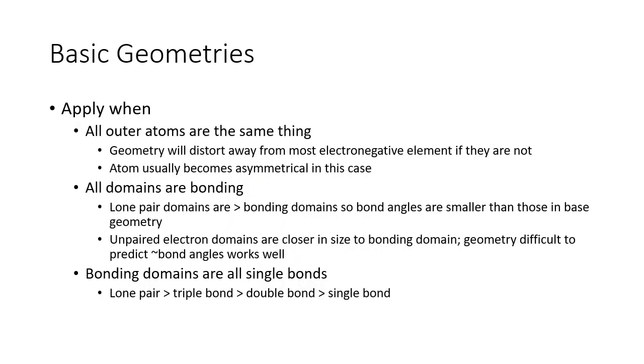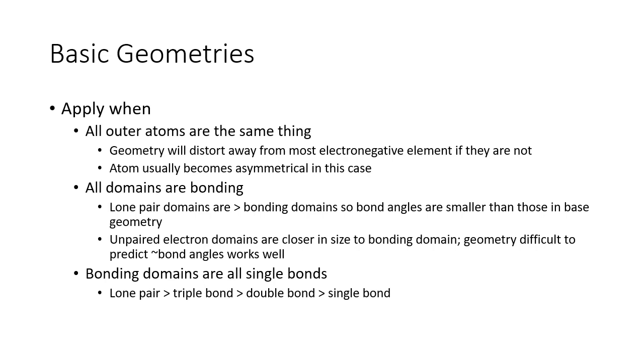So when do these basic geometries apply? When all of the outer atoms are the same thing, when all of the domains are bonding domains, and when the bonding domains are all single bonds. If any of those three is not met, it will not exactly match the basic geometry. It will have different bond angles.